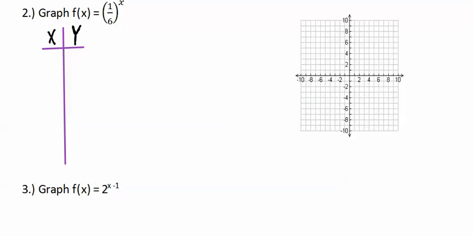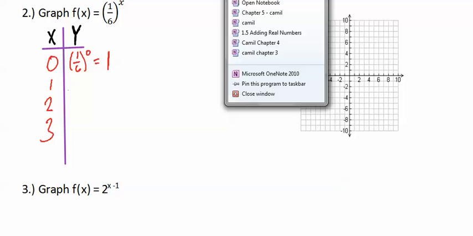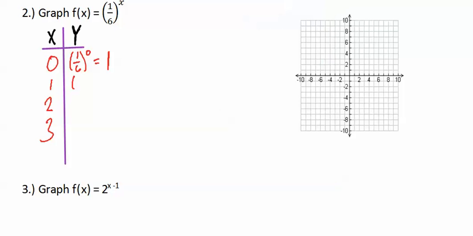All right, we're going to graph this next one, which is the function equaling 1/6 to the power x. Again, we're going to do a t-chart, start with 0 again, and start plugging in. 1/6 to the 0 power. Well, anything to the 0 power is going to be 1. If I do 1/6 to the first power, that's just going to be itself, 1/6.